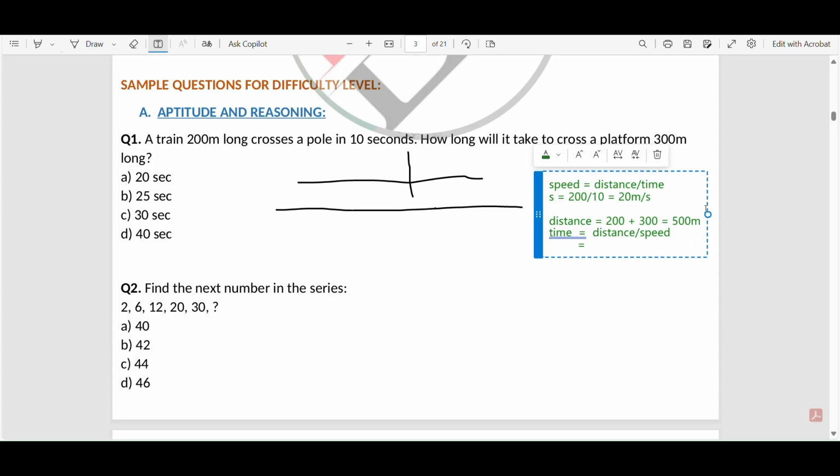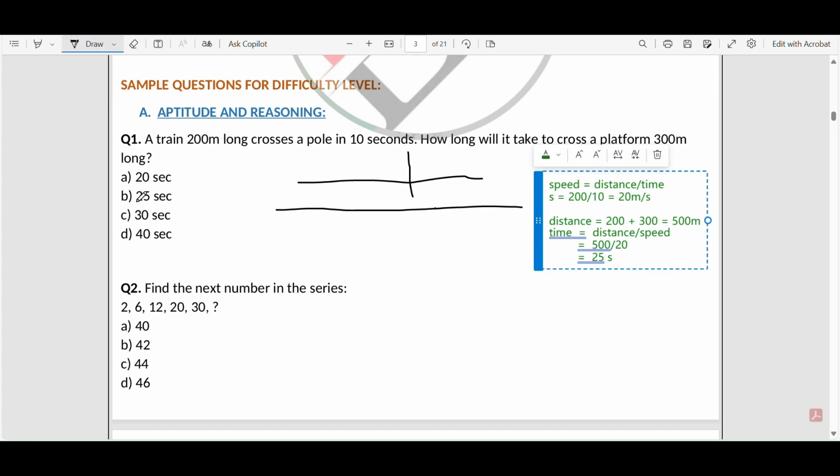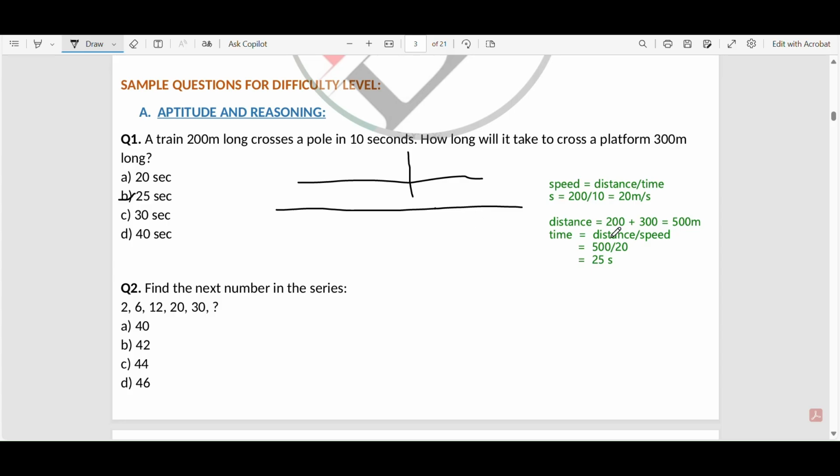Our new distance is 500, and the speed we calculated is 20 meters per second. So 500 divided by 20 we get as 25. The 0 will be cancelled, and 50 divided by 2 is 25. So 25 seconds. Finally the answer is 25, right?